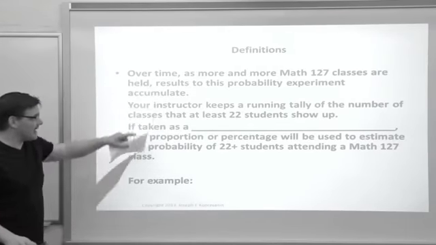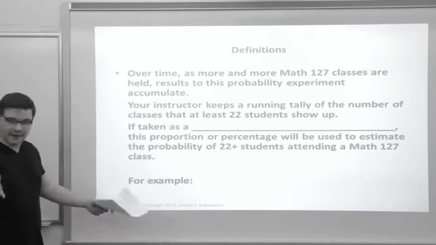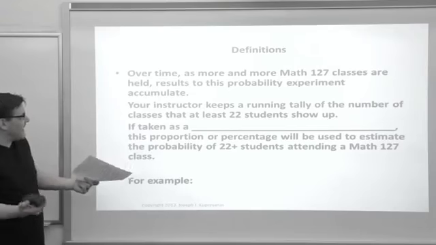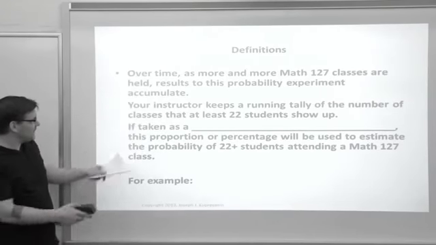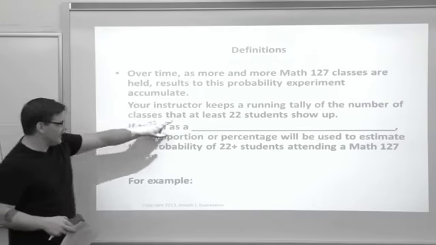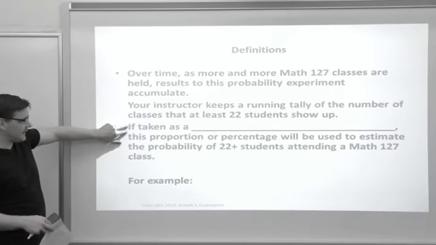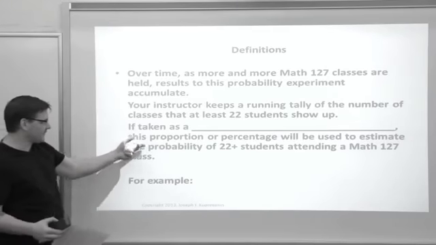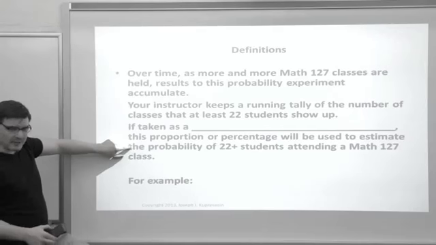Next slide. Over time, as we have more classes, another week goes by, 2 more classes, another week, right? We collect more and more data, more results to the probability experiment accumulate. The instructor keeps a running tally of the number of classes that at least 22 students show up. If we take this as a relative frequency, or a proportion or a probability or a percentage, we can use that relative frequency to estimate the probability.